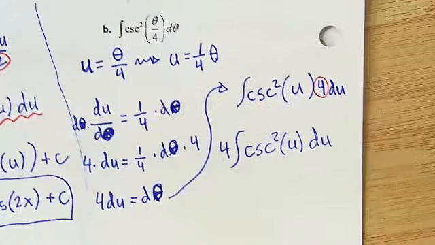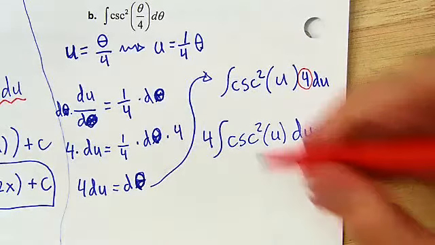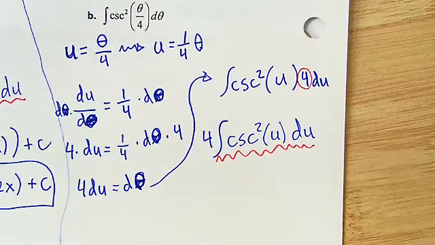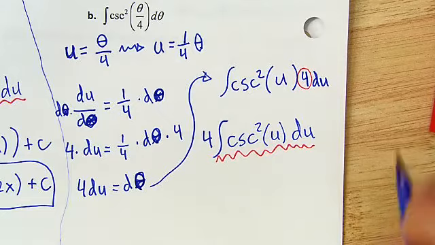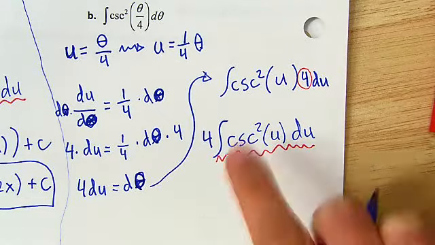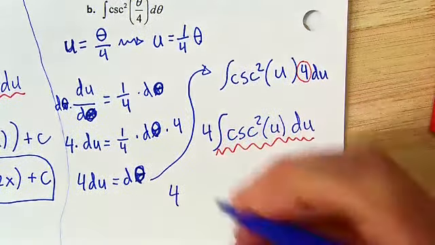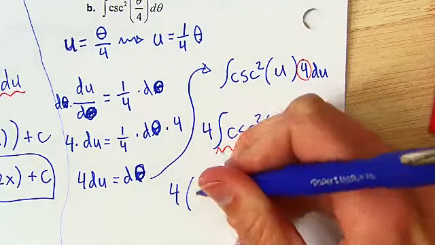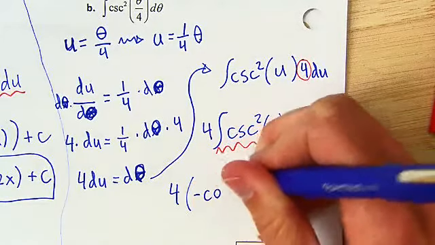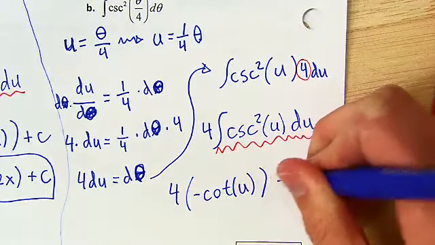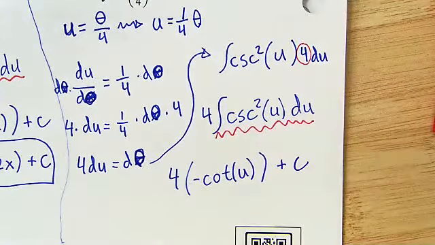Now I can go ahead and integrate this, and there is an integration rule that says the integral of cosecant squared of u du is equal to negative cotangent of u plus c. So I still have my 4 in front, and then I integrate it and I get negative cotangent of u, and then with a plus c at the end.